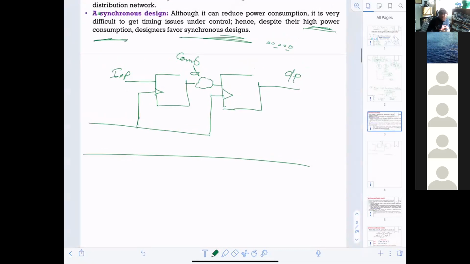This circuit in front of us is what? It's synchronized, right? This circuit is perfectly fine. The clock is arriving here and arriving here at the same time because we are saying that this wire doesn't have any resistance, so there are no delays. Does that make sense?